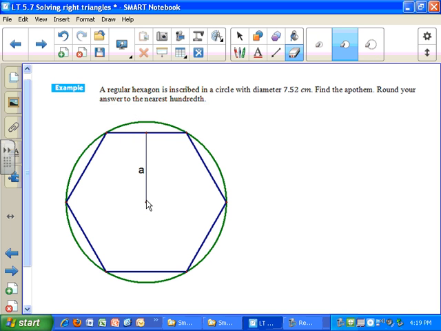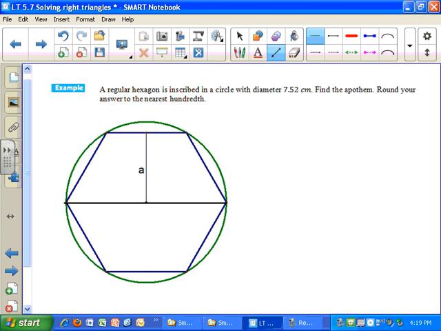Okay, so how are we going to find that length? Well, it tells us that the diameter is 7.52. So if we look at the diameter of the circle going all the way across, I know that that's 7.52. Which doesn't really help us a whole ton.